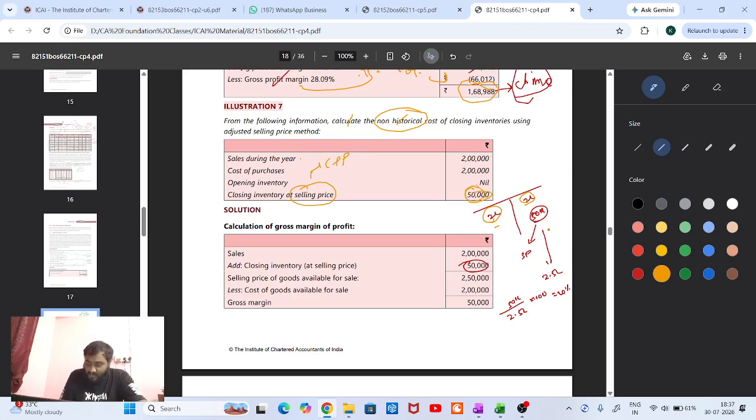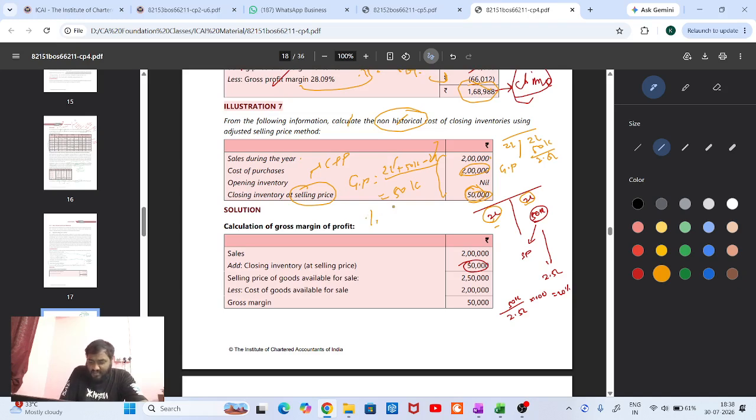They have asked about the solution. First, we need to find out gross profit. How do we find gross profit? As we did in the previous question, sale plus inventory, 2 lakh plus 50,000, is 2.5 lakh, minus 2 lakh purchases. The gross profit is 50,000.